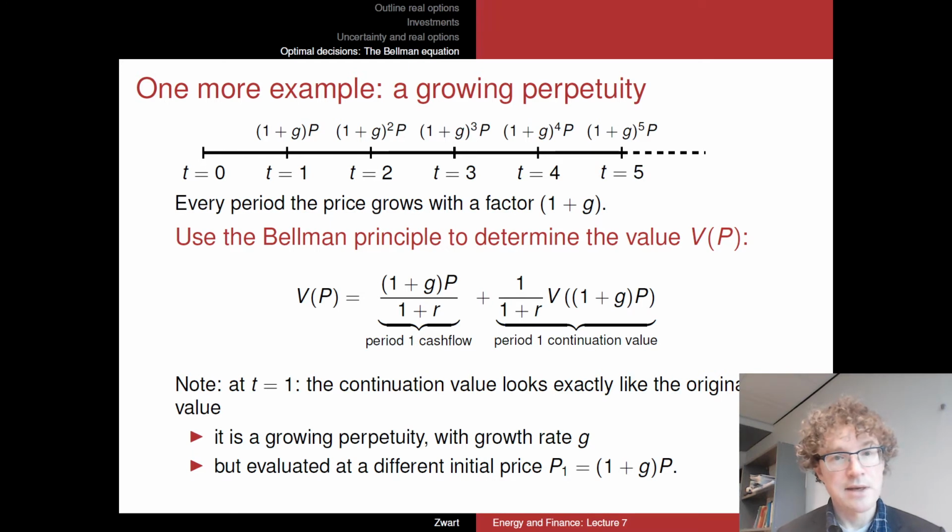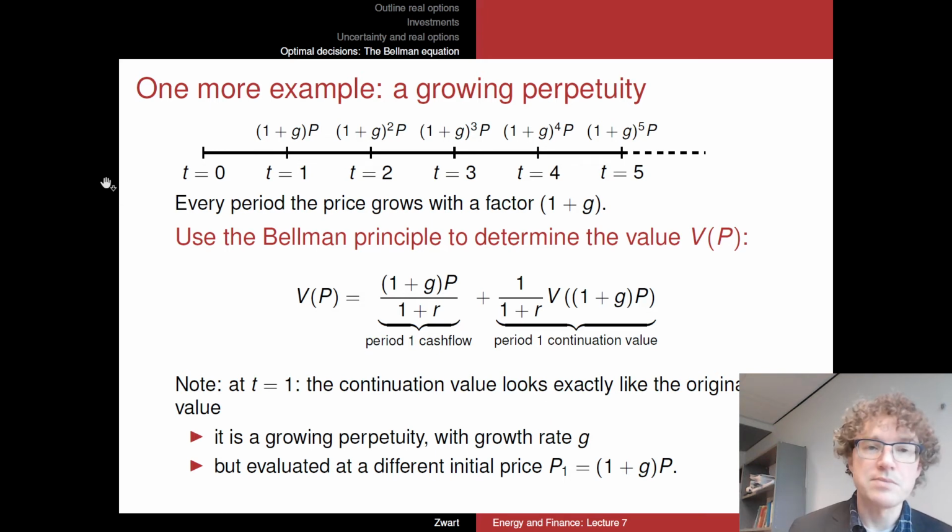Let's look at one other example. This is a growing perpetuity. Perhaps you also know a formula for the growing perpetuity, but let's see whether we can derive it using this same Bellman principle, this dynamic programming principle. So what do we have here? We start at t equals 0, where the price might be equal to P, and we make an investment.